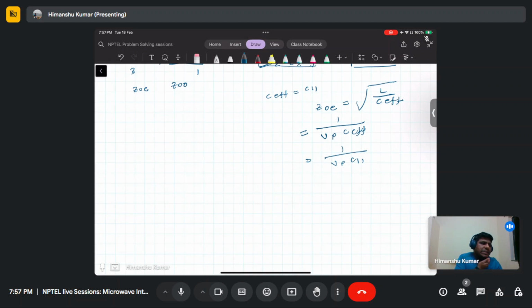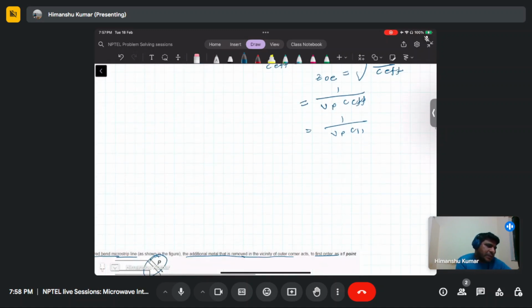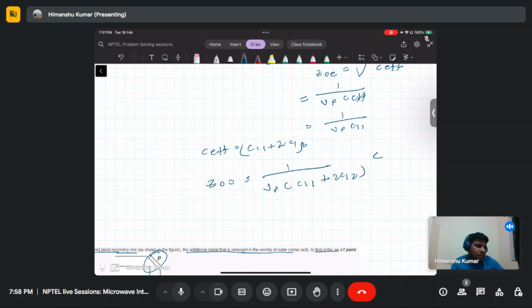In the case of the odd mode, by the symmetry argument, C effective will be equal to C11 plus 2 times C12. Then Z odd will be equal to 1 by Vp times C11 plus 2 times C12, and that will be less than or equal to Z even. The even mode impedance is larger compared to that.